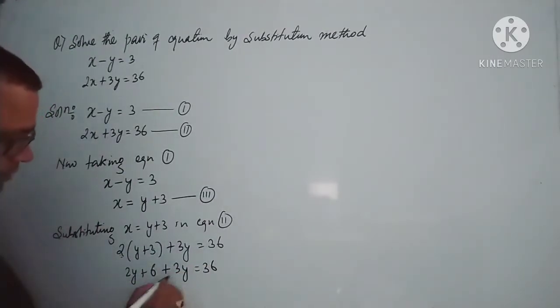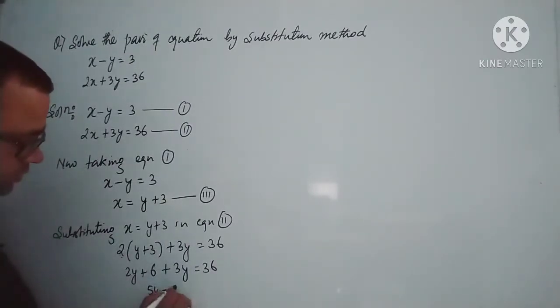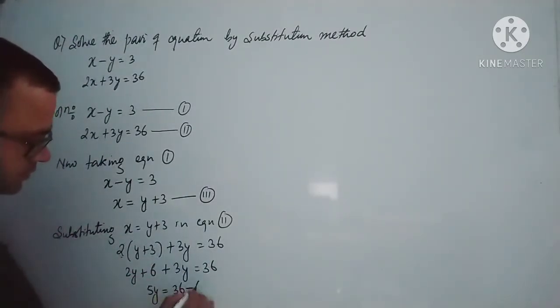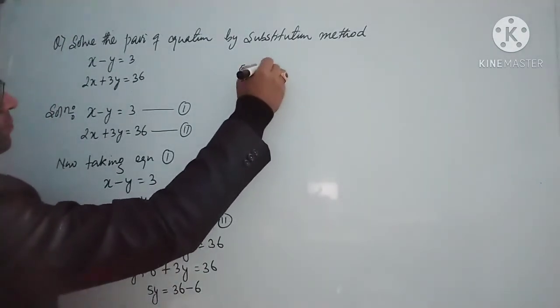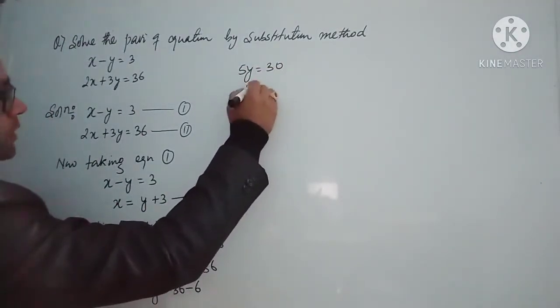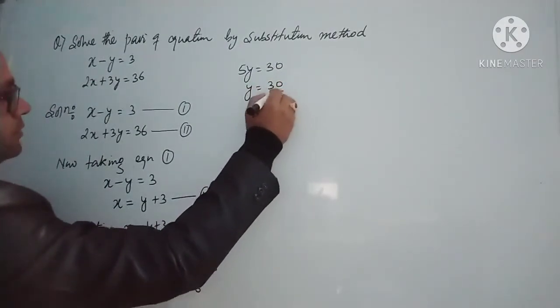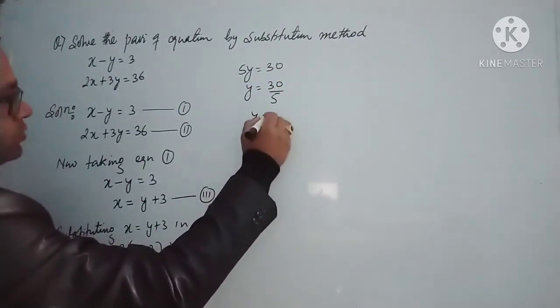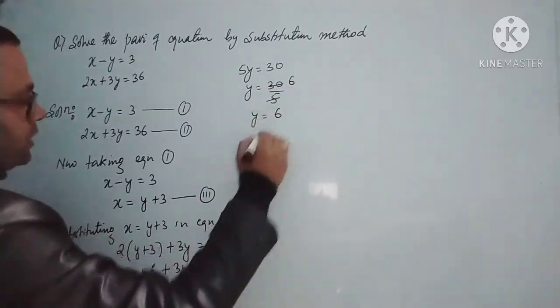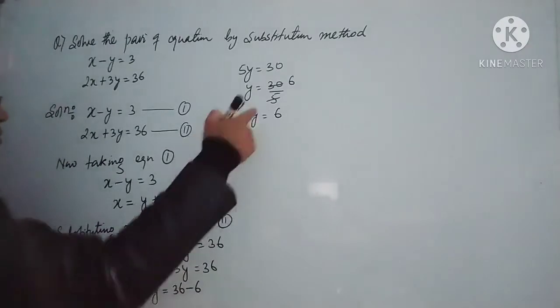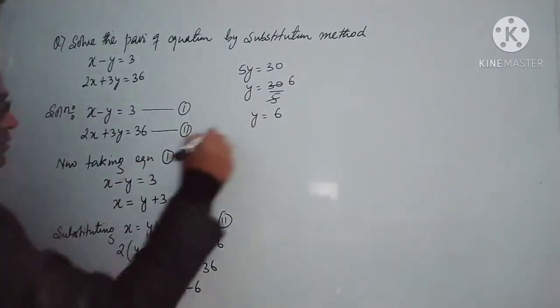Now 2y plus 3y is 5y equals 36. Plus 6 taken to the right hand side becomes minus 6. So 5y equals 30, y equals 30 divided by 5, so y is 6.